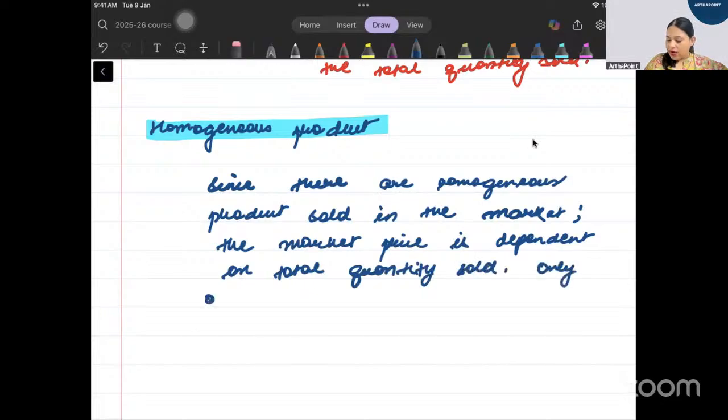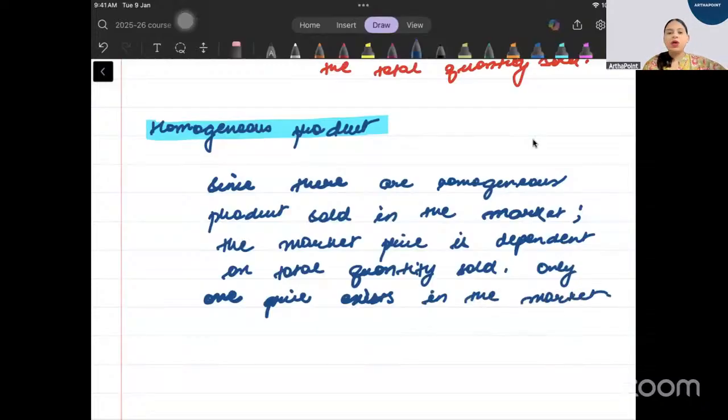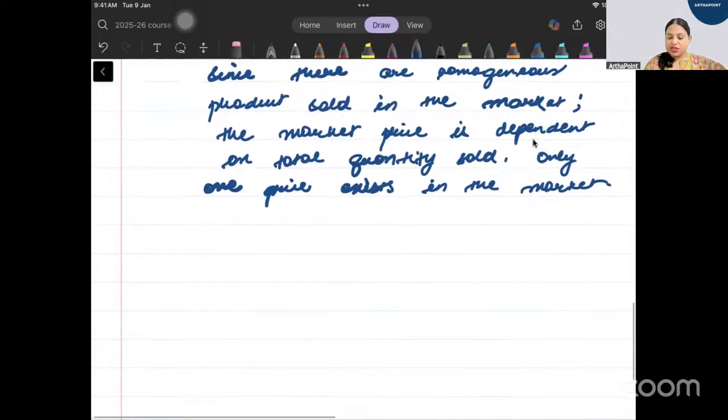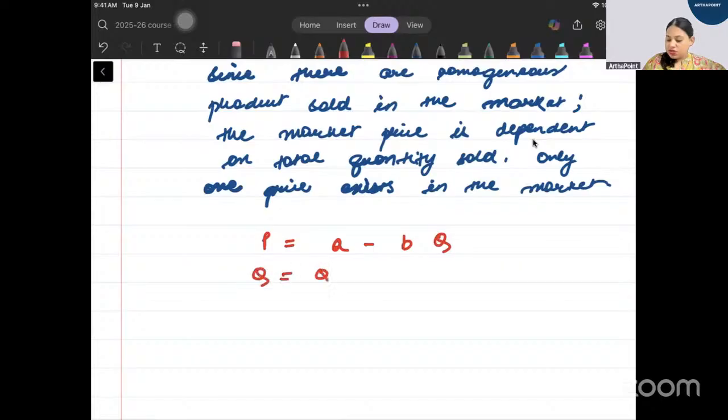Only one price exists in the market. So P is equal to A minus B capital Q, where Q is Q1 plus Q2.